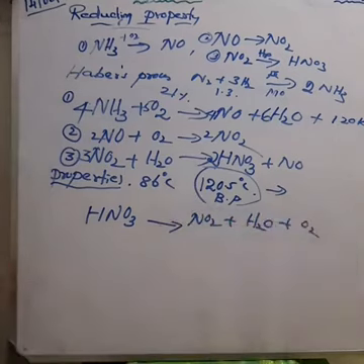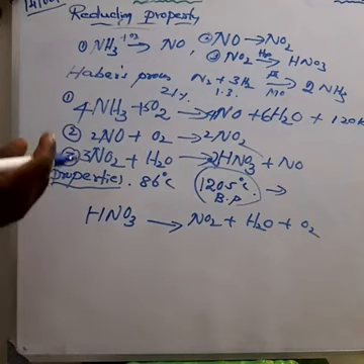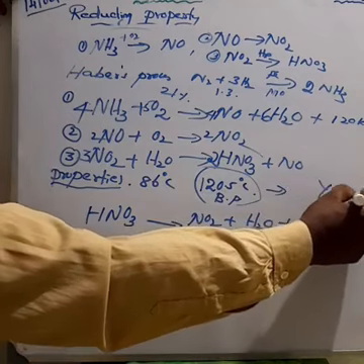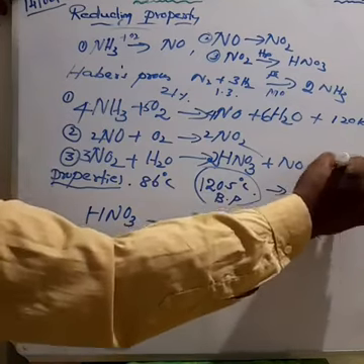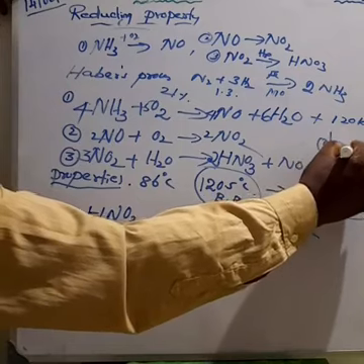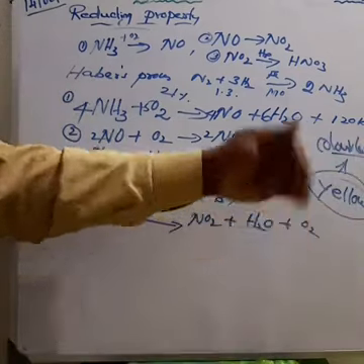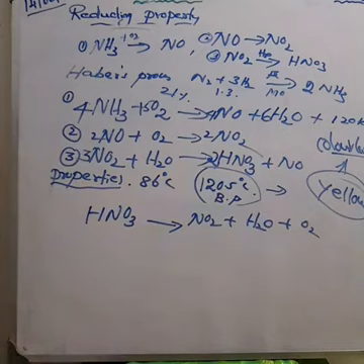The pure nitric acid or its concentrated solution becomes yellow on standing. Before, I told you that pure nitric acid is colorless, but it becomes yellow while on standing.